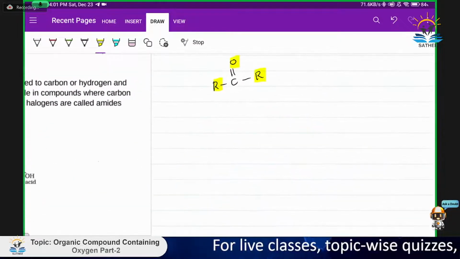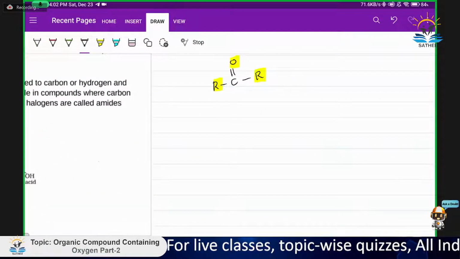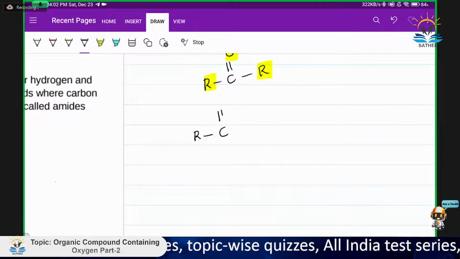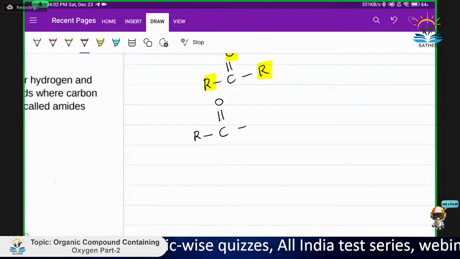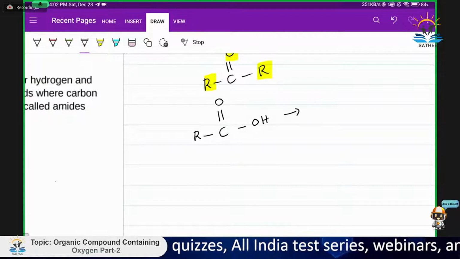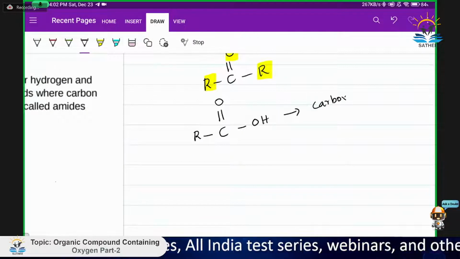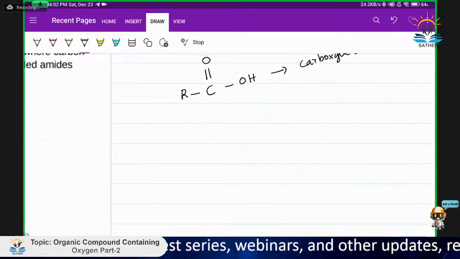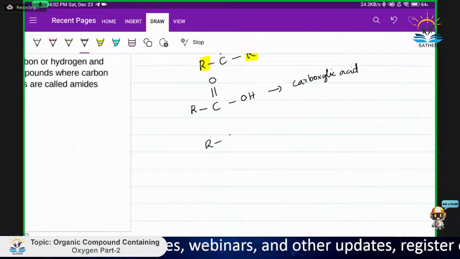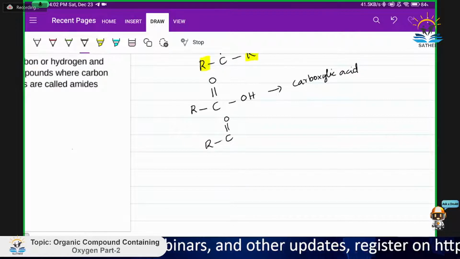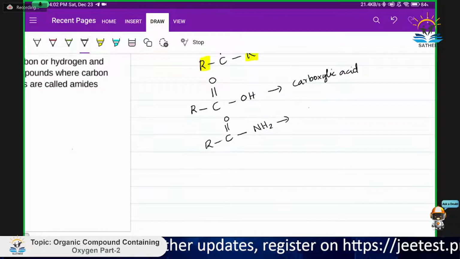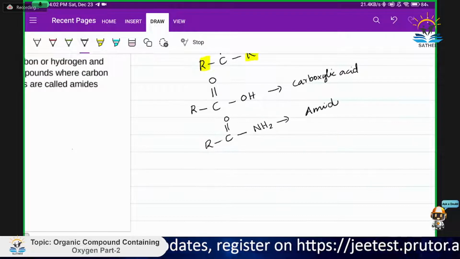So, if the carbon atom is attached to an oxygen and a hydroxyl group, it's called a carboxylic acid. That's what it's essentially telling. And if it is attached to oxygen and an NH2 group, we get an amide.